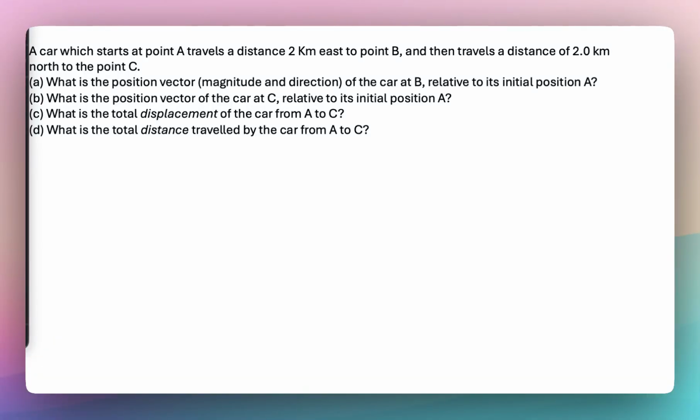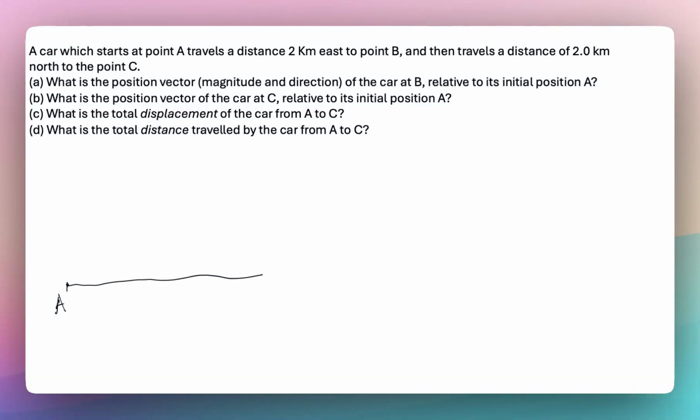So first we are at location A, and it's going to travel 2 kilometers east, which means rightward, to point B, and then a distance of 2 kilometers north, which is upwards, further north. Okay, this is point C. This is also 2 kilometers.